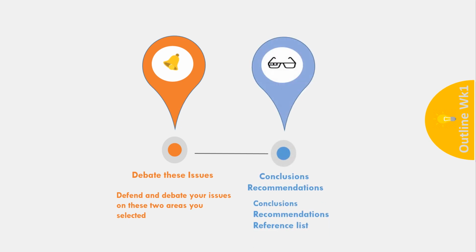And then you need to provide your conclusions and recommendations, and ensure that your conclusions and recommendations link in to your sections, so ensuring that there is good linkage between all your different sections, and ensure that you use in-text referencing throughout all of your work, and then produce a reference list at the end of your work. So I hope that has outlined what needs to be completed in assignment 1.